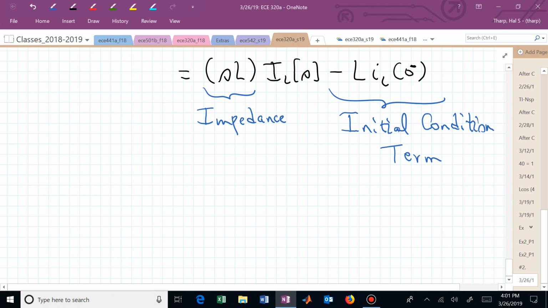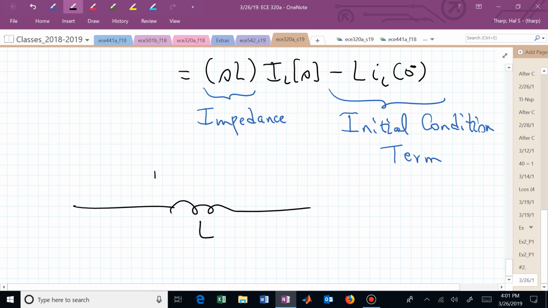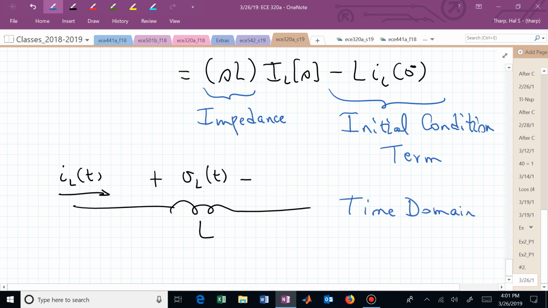So if we wanted to compare these in the time domain, there's L, and here's V sub L of t. Passive sign convention, there's I sub L of t. This is now the time domain circuit diagram.